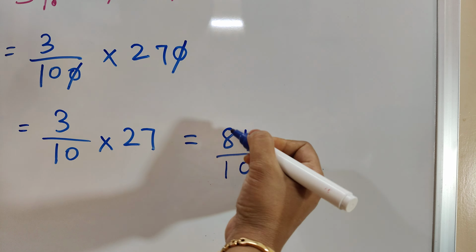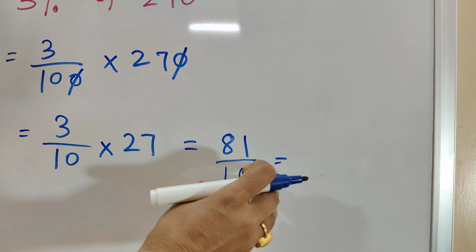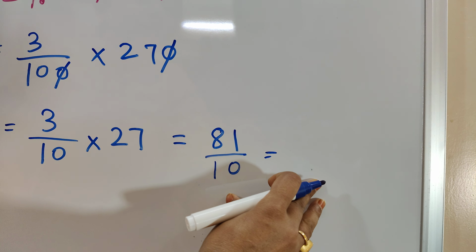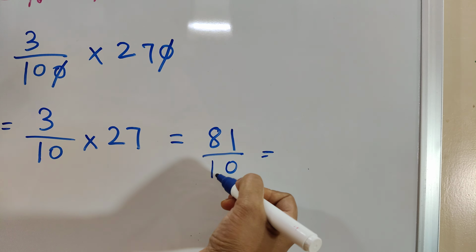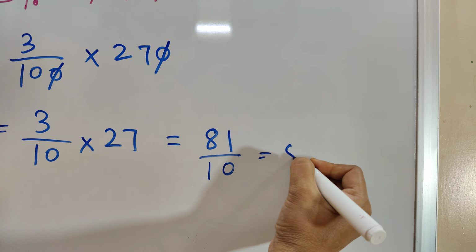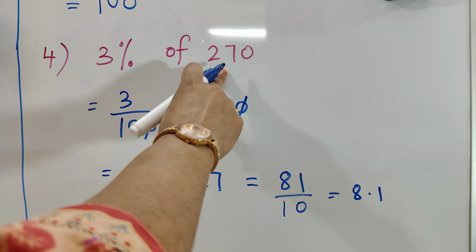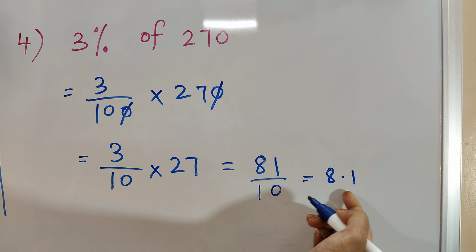So let's convert it into decimal. We can convert this into mixed fraction or to decimal. So it's better we will convert it to decimal. So 81 by 10 is equal to 8.1. So 3% of 270 is equal to 8.1.